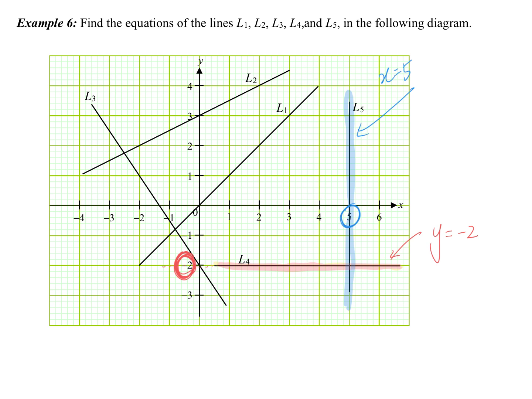Okay? So next line that I want to deal with is this one. First thing first, where does it cut the y-axis? 0. So it's indirectly telling me that the y-intercept is 0. Next, I need to calculate gradient. So you just go to your line, pick any triangle that you can form with the line. So what is the rise here? How many units have it risen up? 1, 2, 3, 4. 4 units.